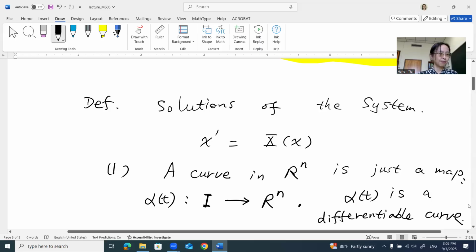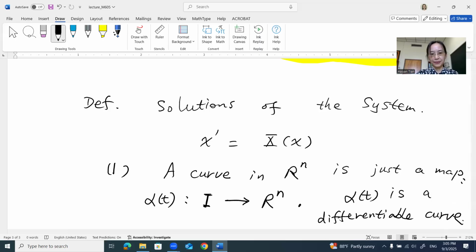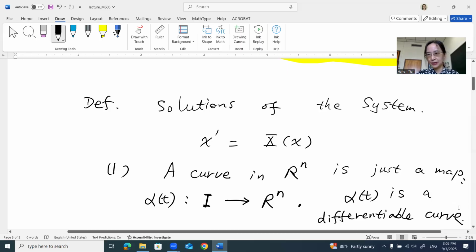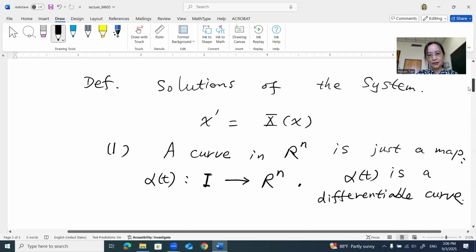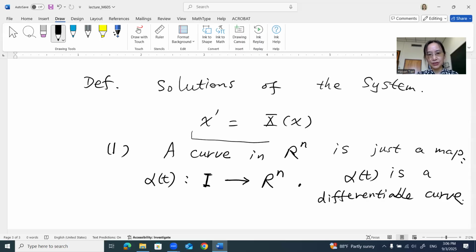That is the first condition for alpha to be a solution. Alpha should be a differentiable curve so that this equation is defined. And then second, not only is it a differentiable curve, the alpha should satisfy the equation.